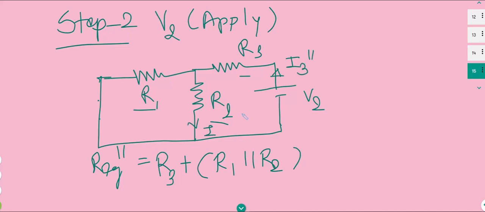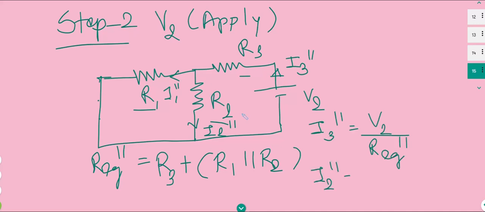Here it is I2 double dash and this one is I1 double dash. Now I3 double dash will be voltage V2 divided by R equivalent double dash. And you want to find I2 double dash: total current I3 double dash multiplied by the resistance of the opposite branch, which is R1.